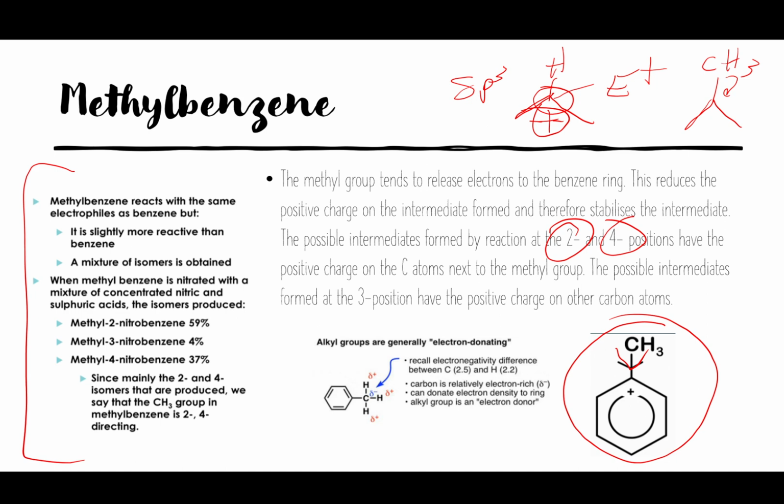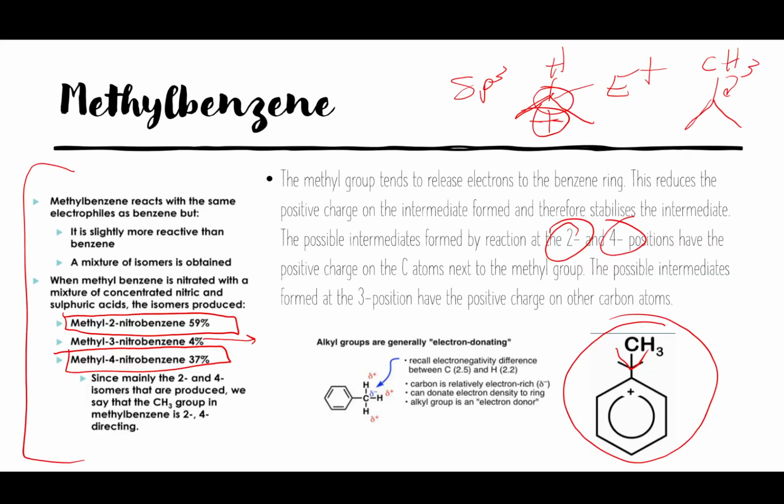But because the methyl group is an ortho-para director, a 2,4 director, it tends to create larger concentrations of the 2 isomer and the 4 isomer, and it tends not to create concentrations of the 3 isomer. Since mainly the 2 and 4 isomers are produced, we say that the CH3 group in nitrobenzene is a 2,4 directing group, or what I would like to call an ortho-para director.